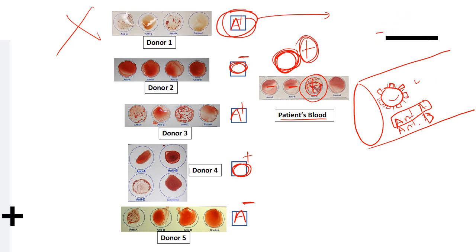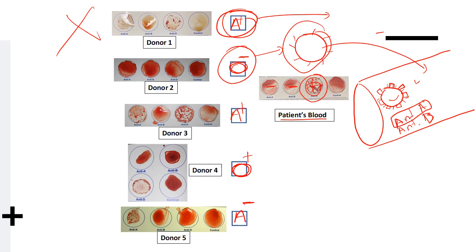Let's look at the second donor here. The second donor here is an O negative. That means that the red blood cells of this donor will look like this. They do not have anything at all. They don't even have any Rh antigens. So therefore, these red blood cells can be donated.